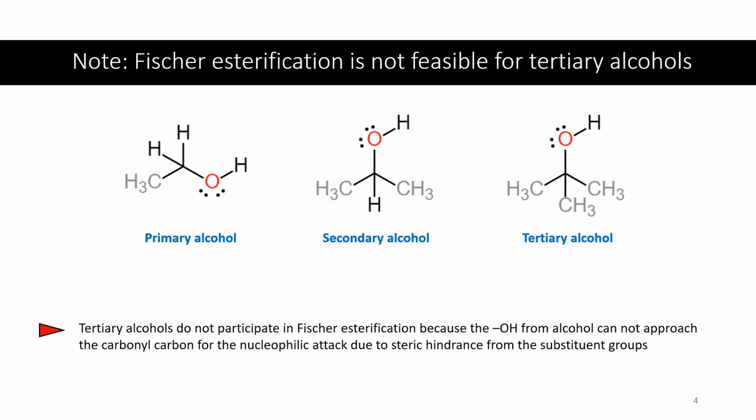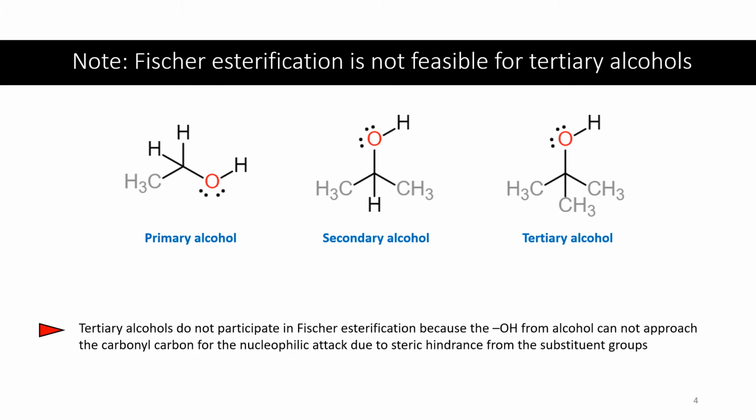Not all alcohols can participate in Fischer esterification. Especially tertiary alcohols do not participate in Fischer esterification reactions because there are too many substituents on the carbon next to the oxygen, which crowds the oxygen atom or causes steric hindrance around it that limits its ability to approach the carbonyl carbon of the carboxylic molecule in order to follow the nucleophilic attack.